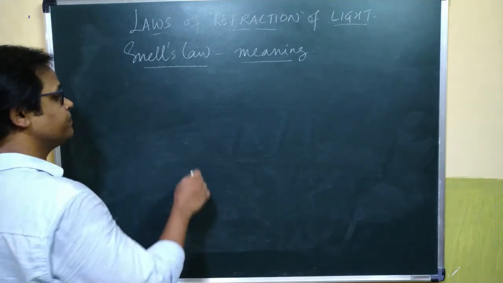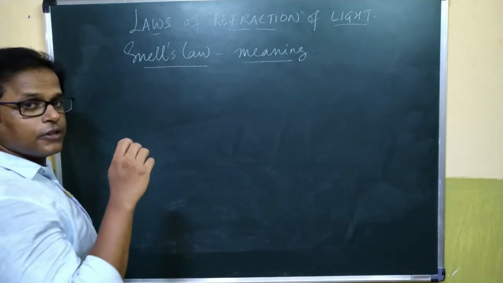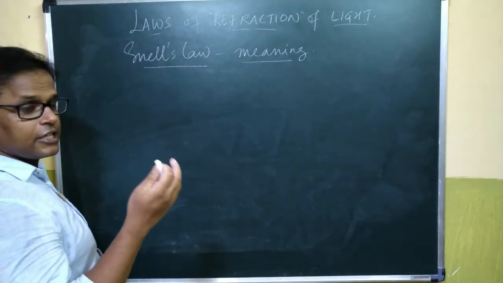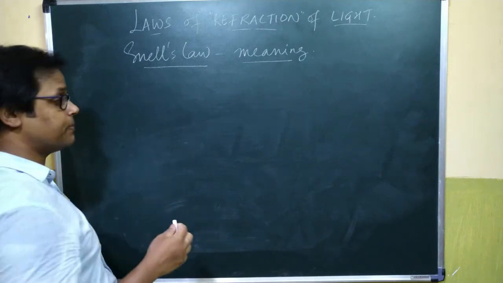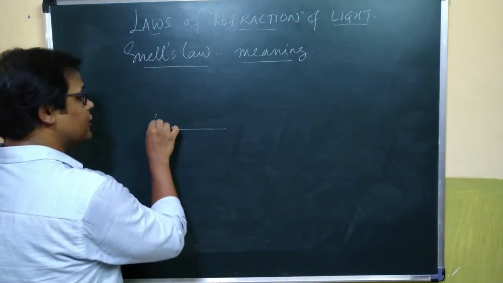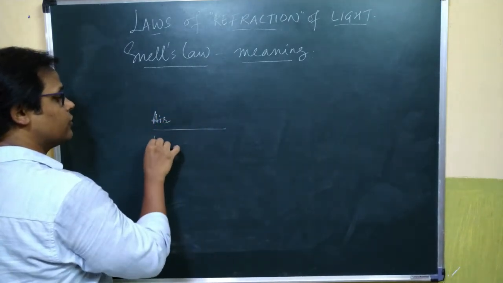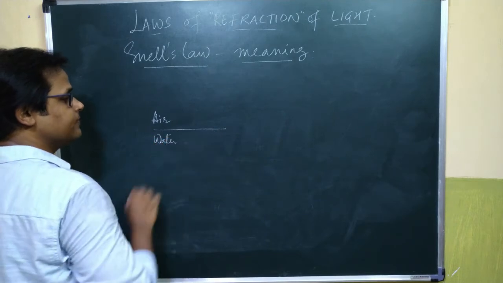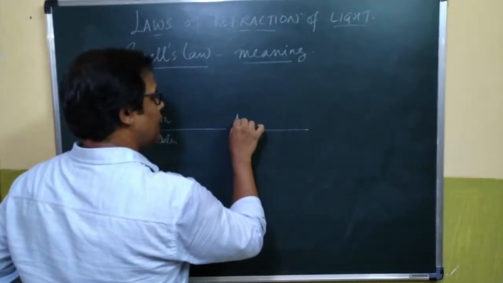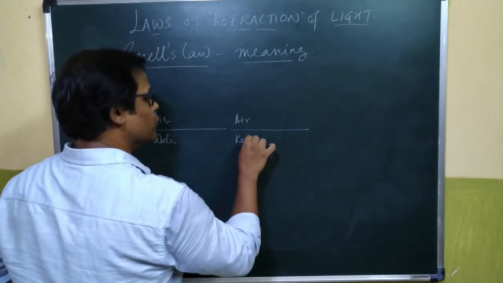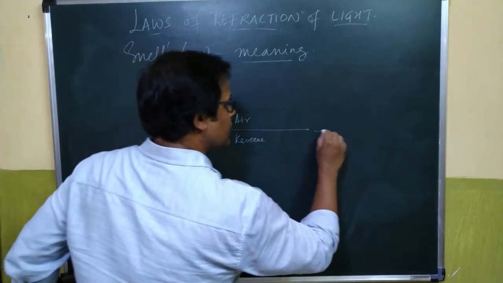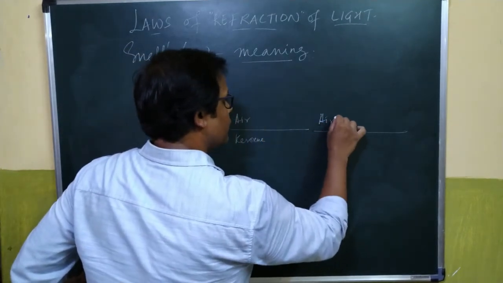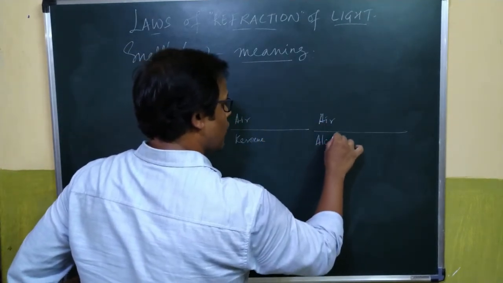All right? It says that suppose three friends are experimenting with different transparent media, and one has chosen air with respect to water, the other has chosen air with respect to kerosene, the other has chosen air with respect to alcohol.